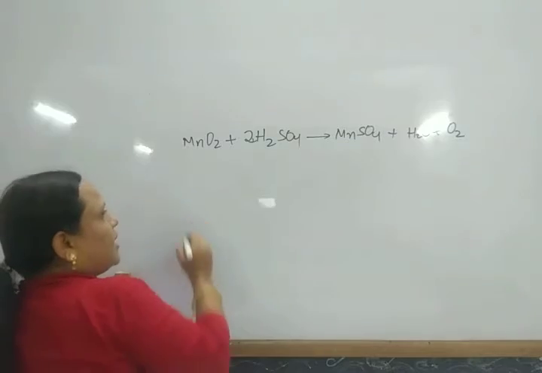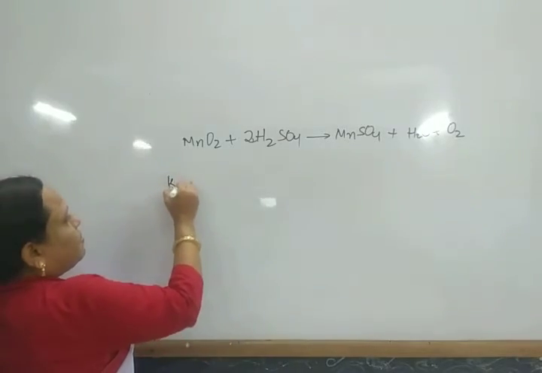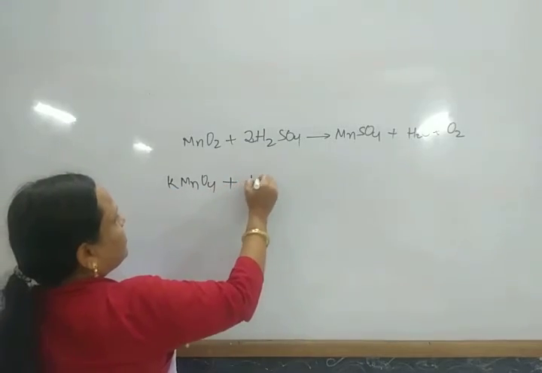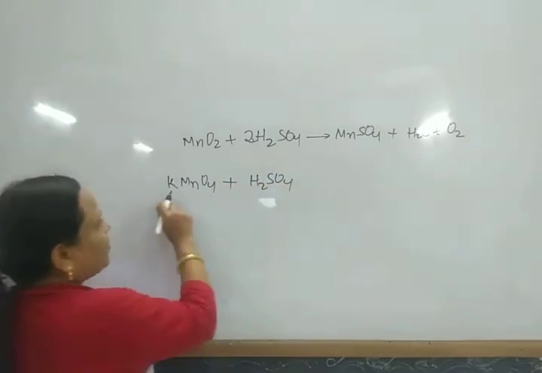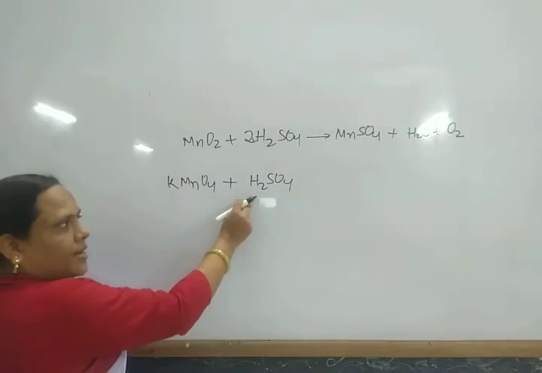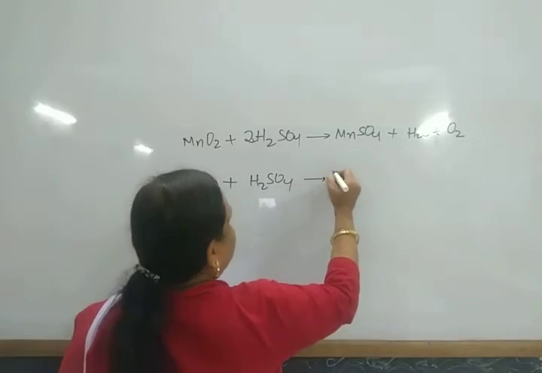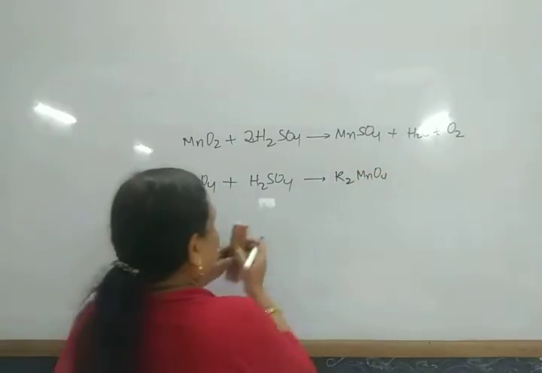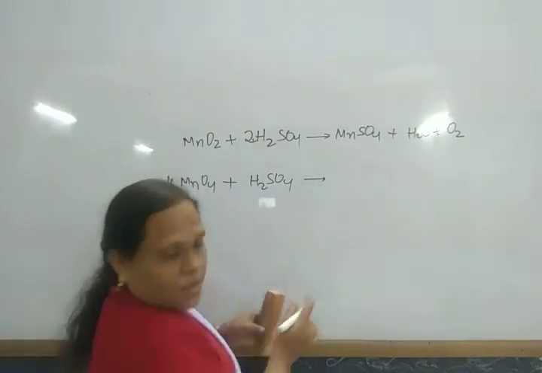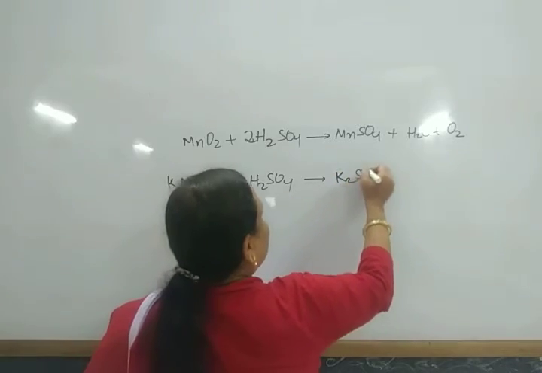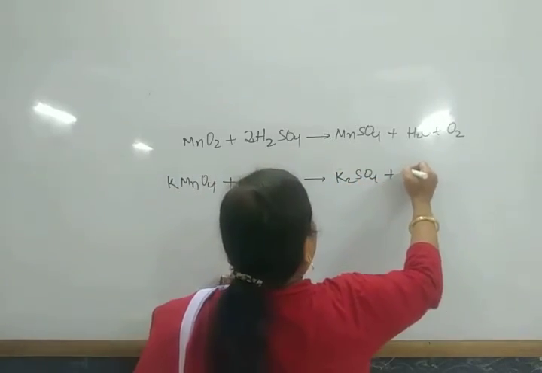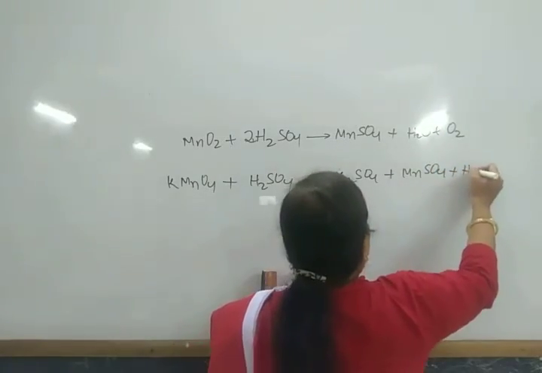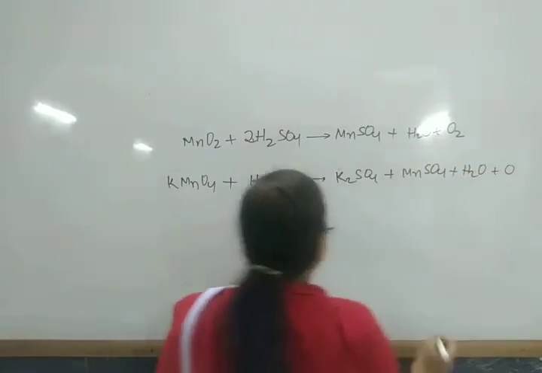Similarly, potassium permanganate, KMnO4 plus H2SO4. When potassium permanganate is treated with sulfuric acid, it gives potassium sulfate, K2SO4, plus manganese sulfate plus H2O and oxygen.